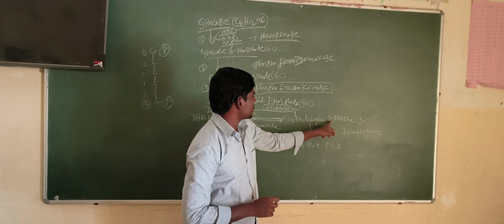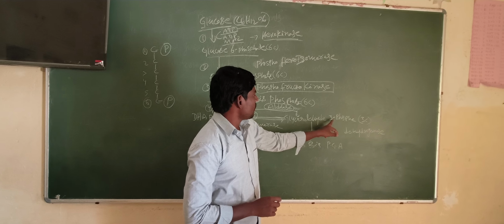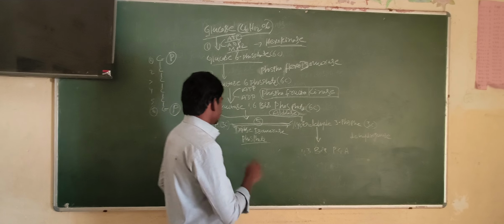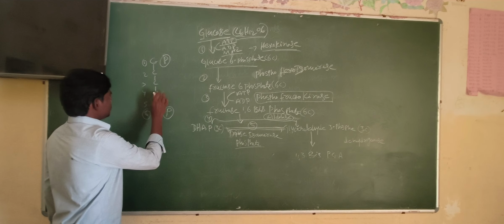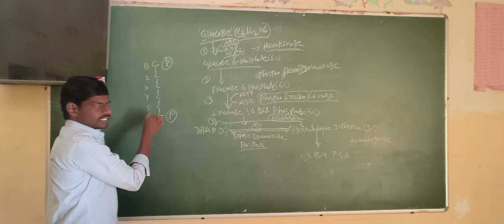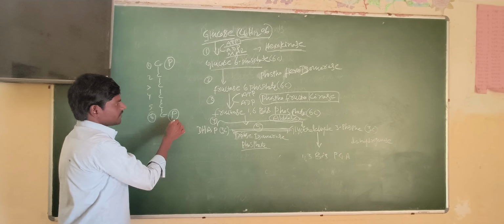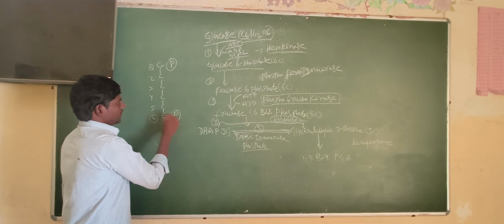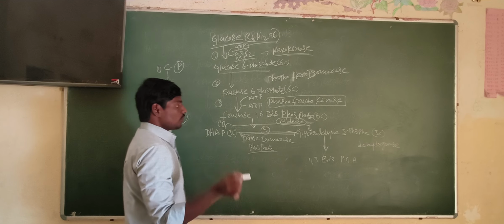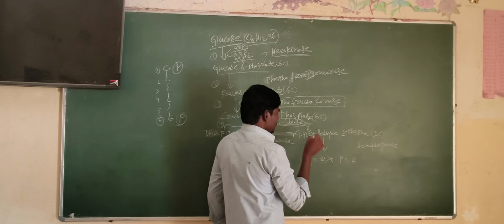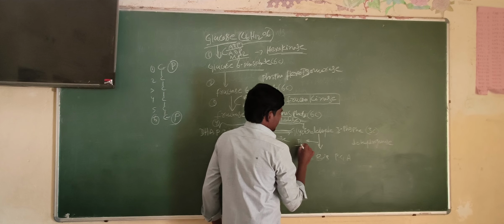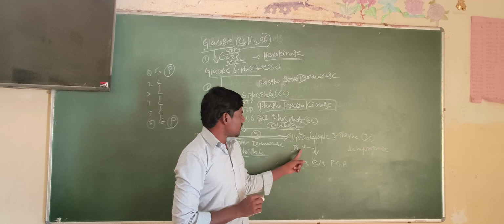Here, how many phosphates are present? One phosphate is already present at the third carbon: first, second, third, fourth, fifth, sixth. One more phosphate is added from the cytoplasm. That is called Pi, which stands for inorganic phosphate.